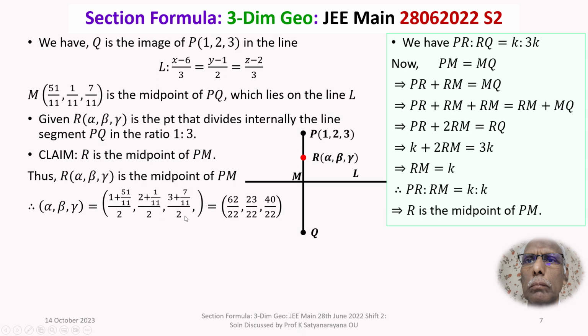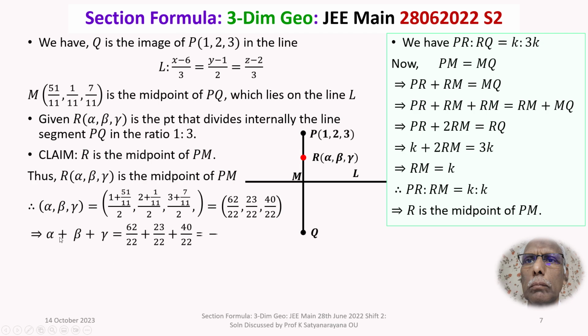Simplify, you will get 62 by 22, comma, 23 by 22, comma, 40 by 22. So alpha is 62 by 22, beta is 23 by 22, gamma is 40 by 22.